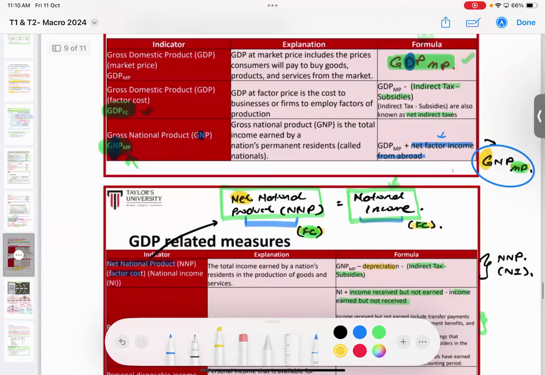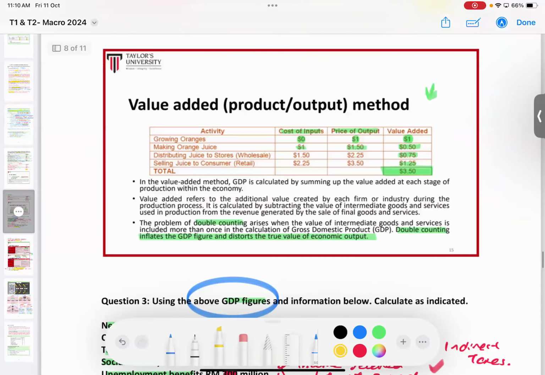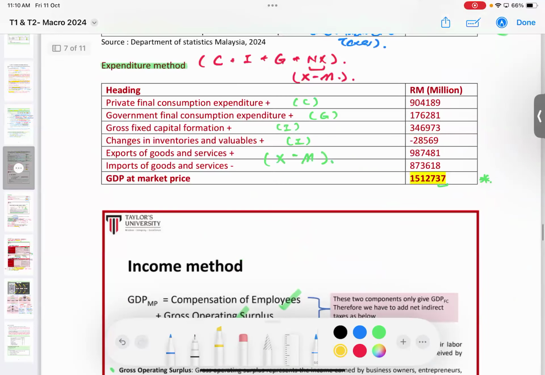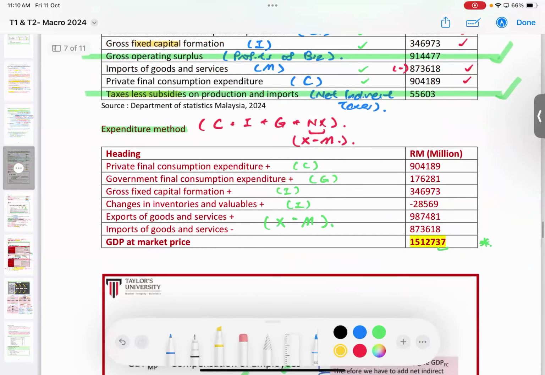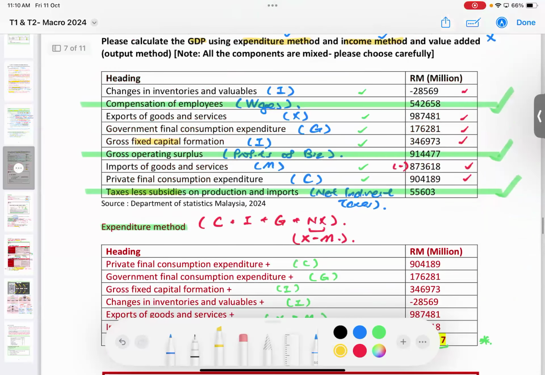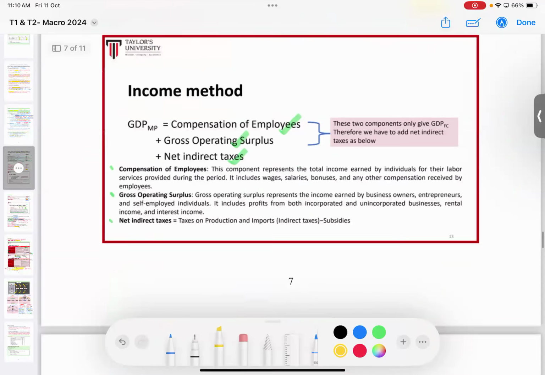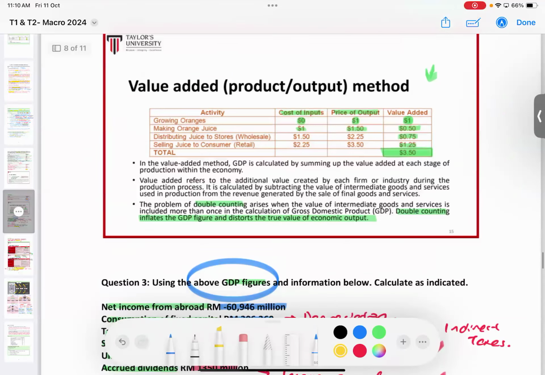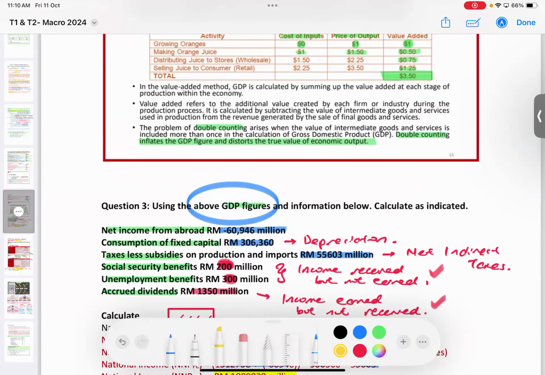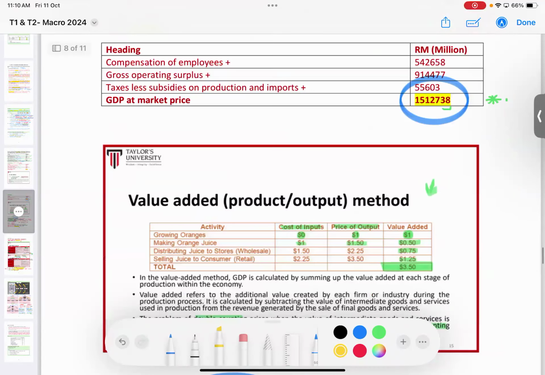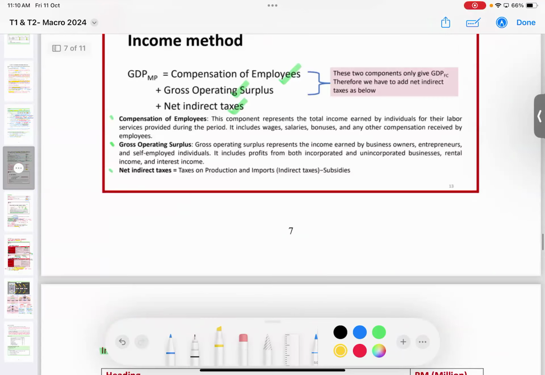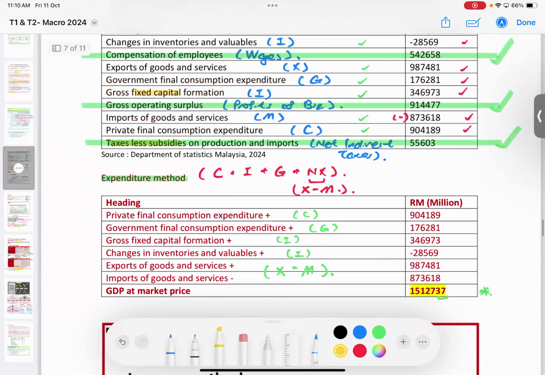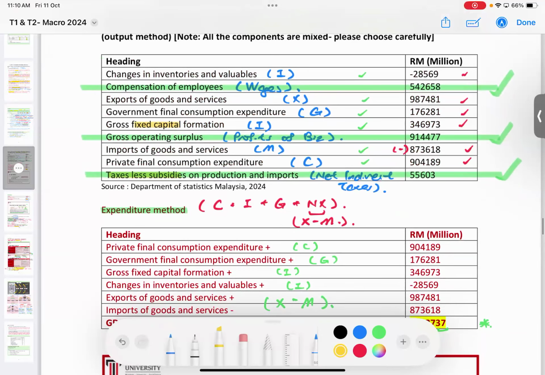That one is what? Just now you said something about fixed. Consumption of fixed capital, linked to depreciation. Below there is a depreciation. Oh, you mean gross fixed capital formation.